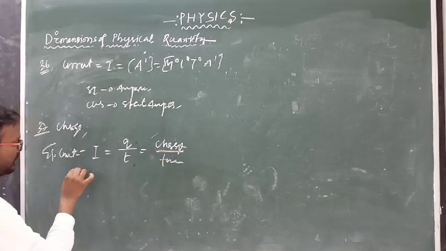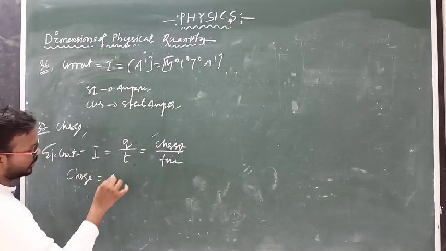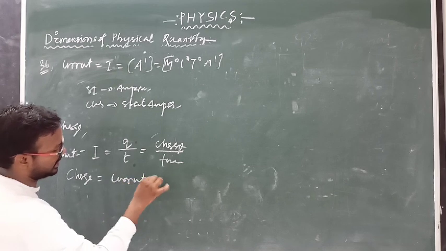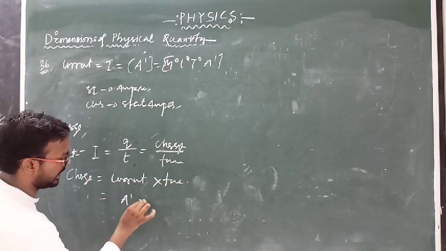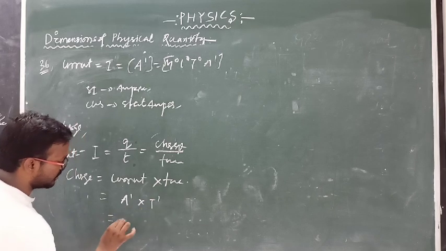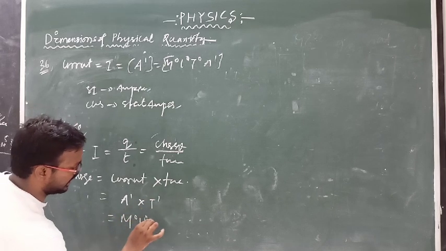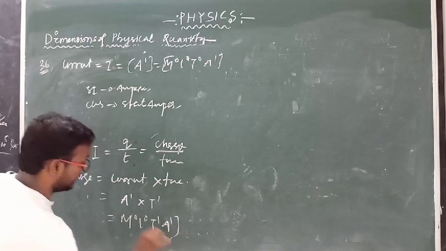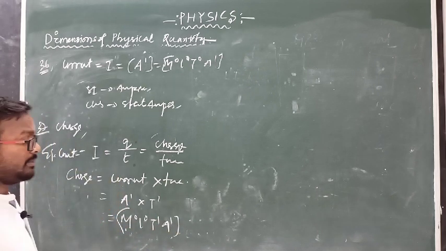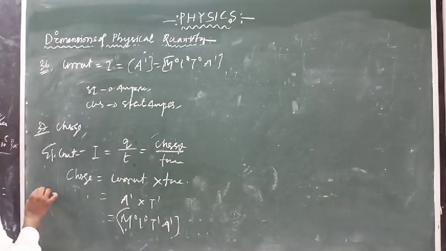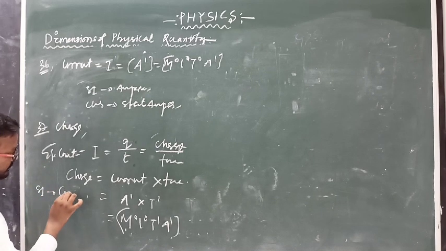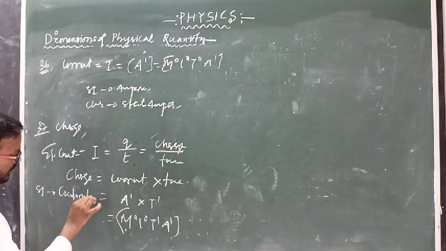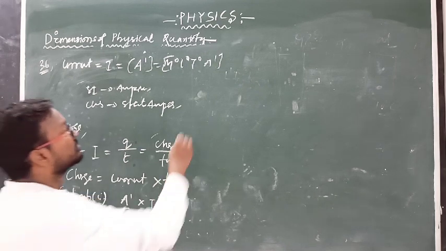So charge equal to current into time, and its dimension A1 and time is here T1. So the dimensional formula of charge is M0 L0 T1 A1, and its SI unit you can remember is known as coulomb, represented by C. Clear? And the CGS unit is statcoulomb.